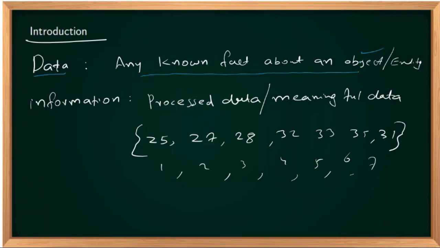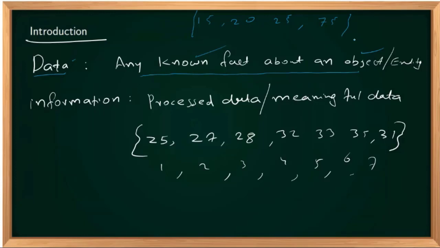Any object, anything in the real world, is an object or entity. So any known fact about an entity is data. For example, 15, 20, 25, 75, these are data.